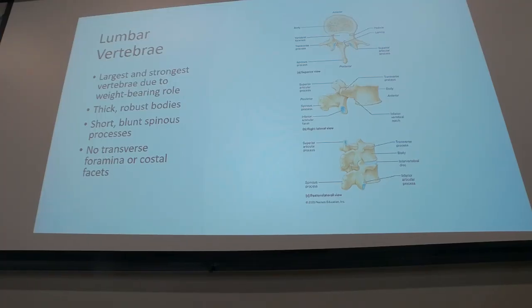So, do you have an idea of why we have these notches that allow the exit of spinal nerves wider in the lumbar area, but not as wide in the thoracic or in the cervical area? Why is this part wider in the lumbar, but not in the thoracic? It's bearing more weight. Because it's what? It's holding more weight.